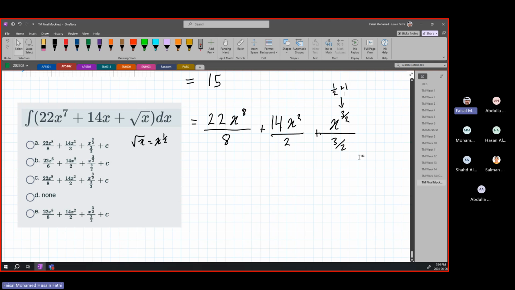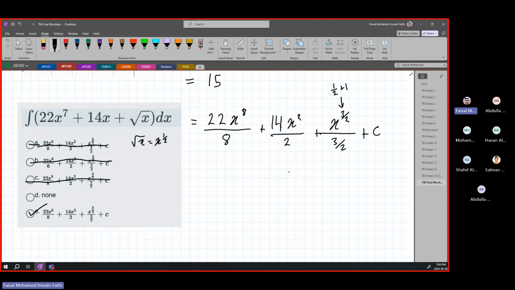And that's it. This is your final answer, and of course the plus c. So we have 22x 8 over 8, so it's not this one, plus 14x squared over 2, so it's not the first one, plus x 3 over 2 over 3 over 2, so it's not this one. This is your answer. Derivative of e power 34x is 34e power 34x.